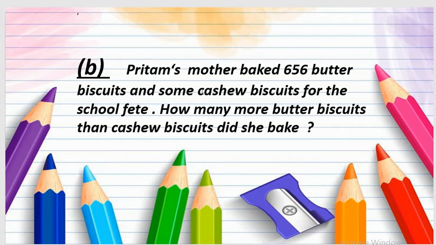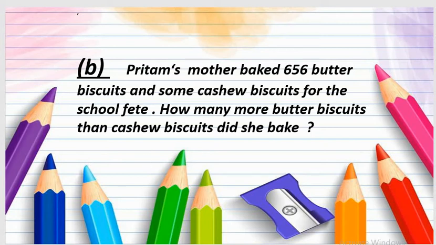Here we don't know how many. 'Some' means how many? So here we cannot solve this sum. There is not full information about how many cashew biscuits.